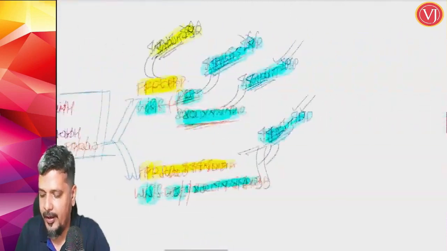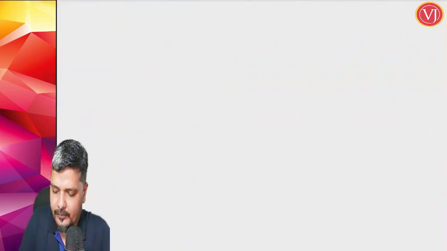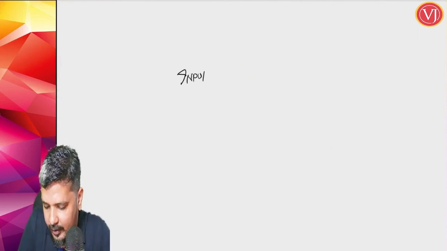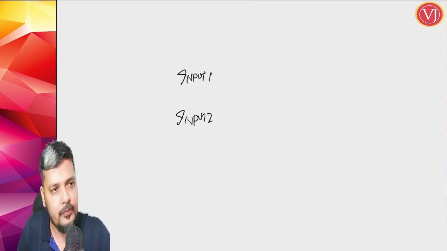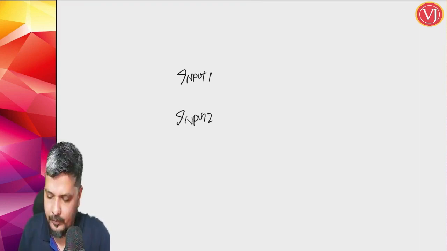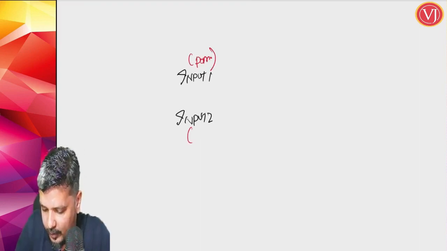Now, there's a question by ICA which I would like to give, and it's basically a costing question. There is input 1, there is input 2. Input 1 is purchased from within India. Input 2 is imported.